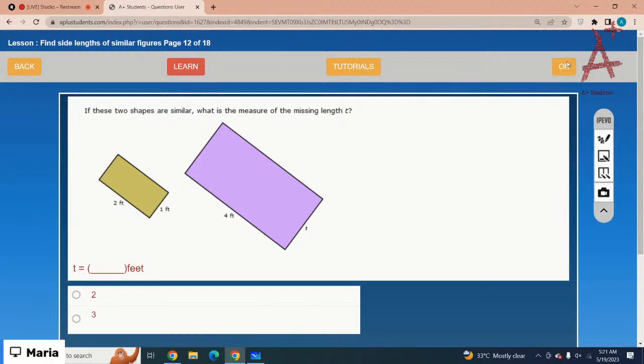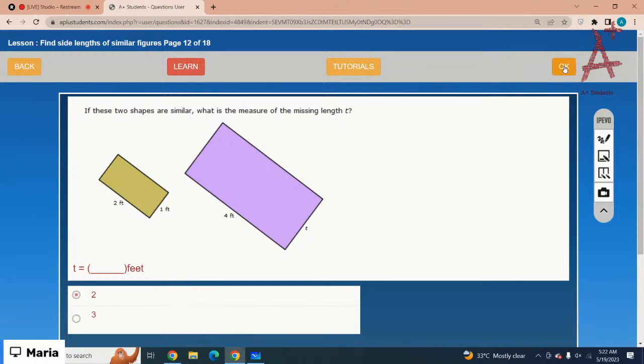Okay, if these two shapes are similar, what is the measure of the missing side length t? So which is the correct option? The correct option is 2.